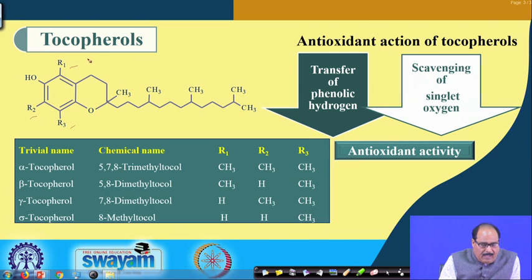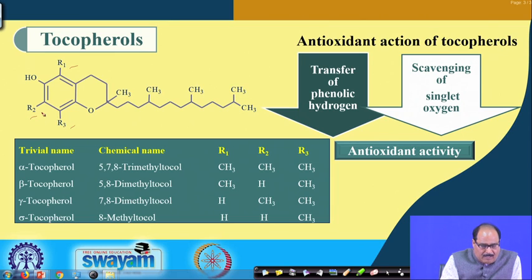For example, when all three positions, 5, 7 and 8, have methyl groups, it is a 5,7,8-trimethyl tocol, which is alpha tocopherol.